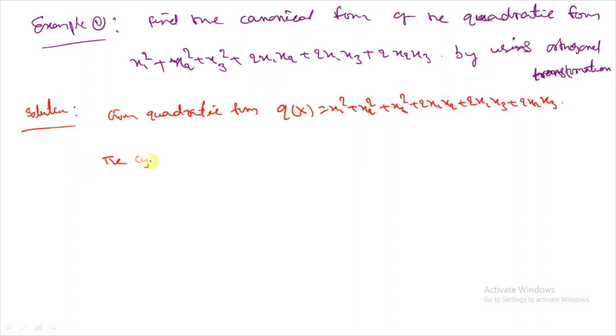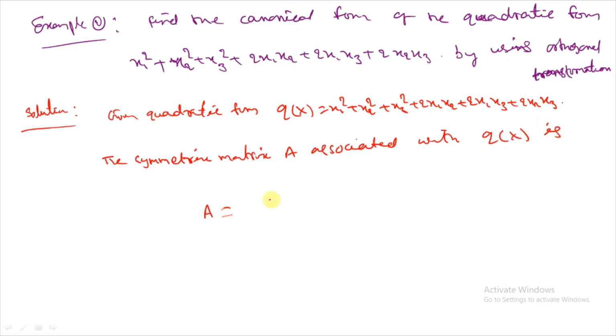The symmetric matrix A associated with q of x is A equals the matrix with all entries 1, that is 1 1 1, 1 1 1, 1 1 1. This is the matrix.